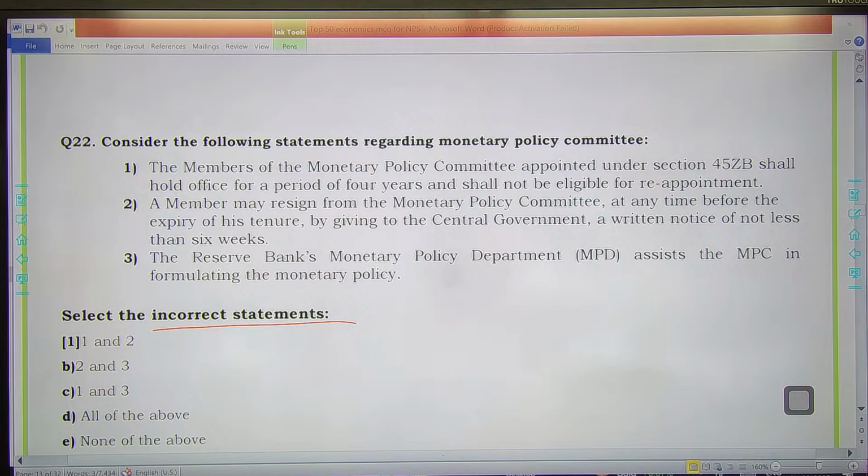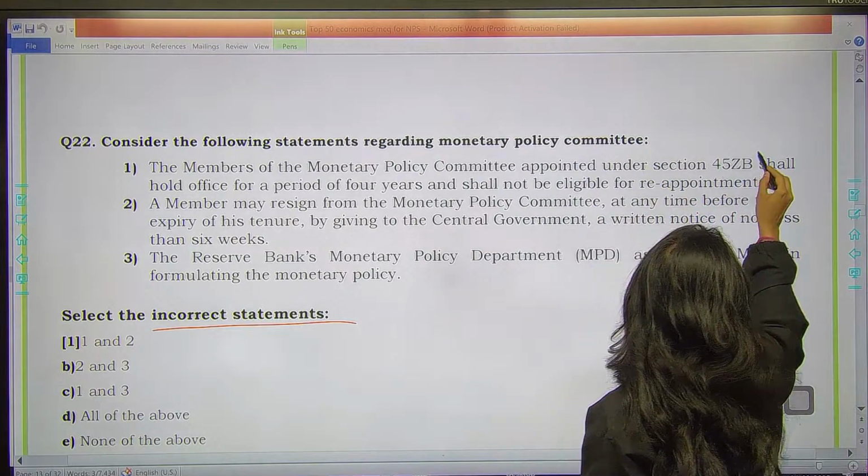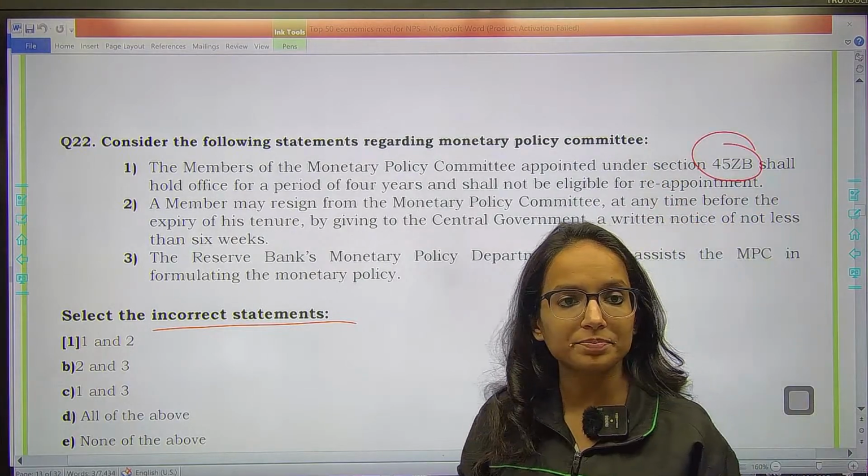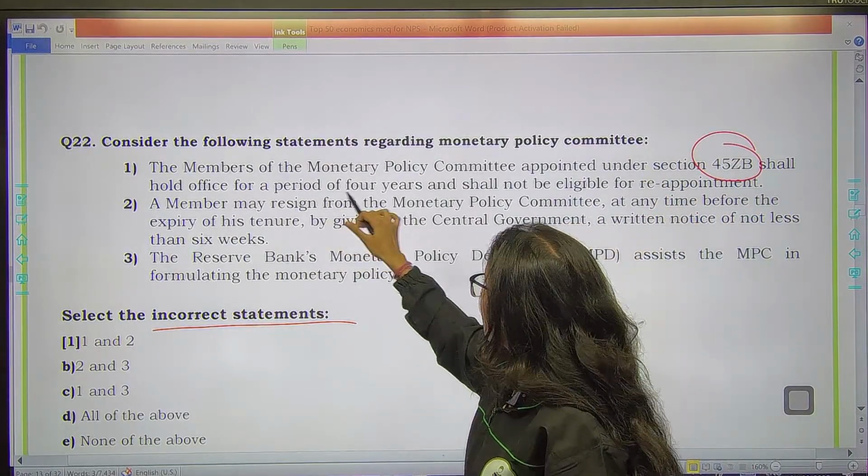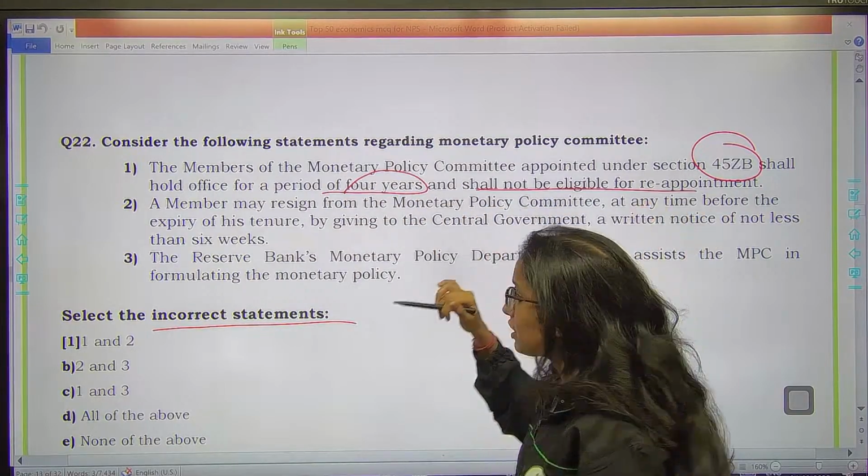Regarding MPC, members of MPC are appointed under Section 45ZB of RBI Act for a period of 4 years and shall not be eligible for reappointment.